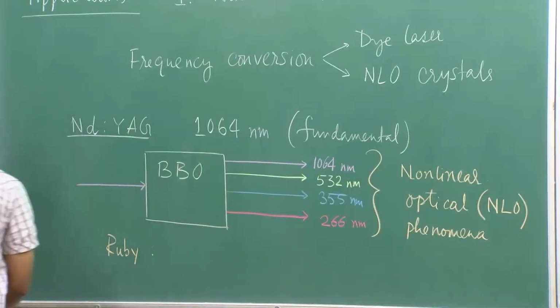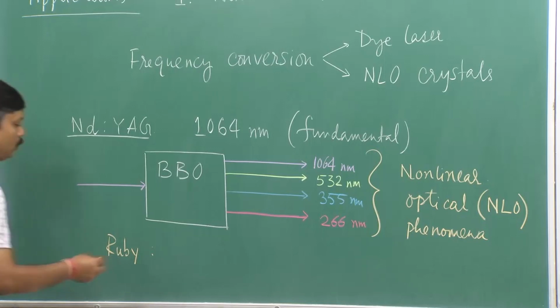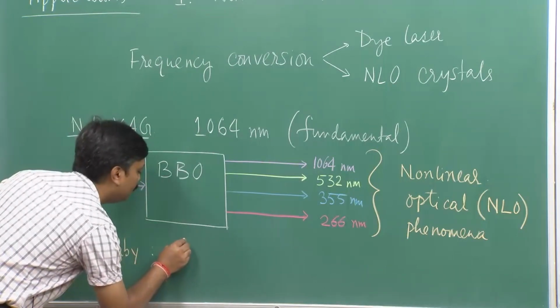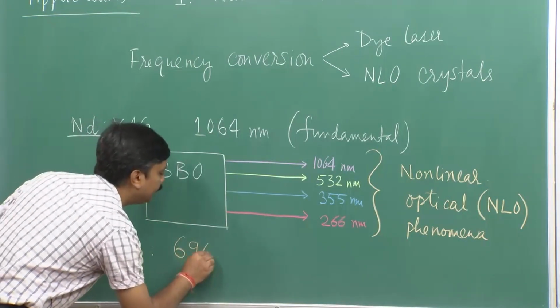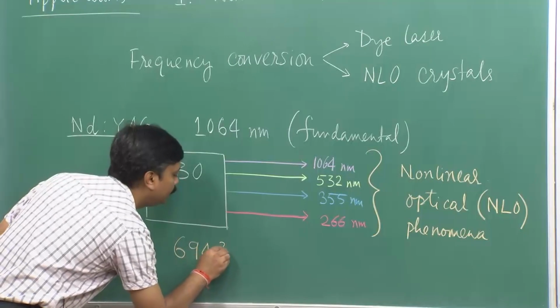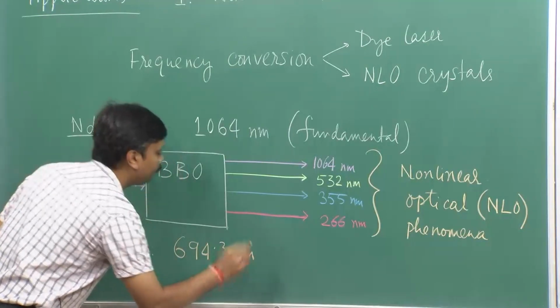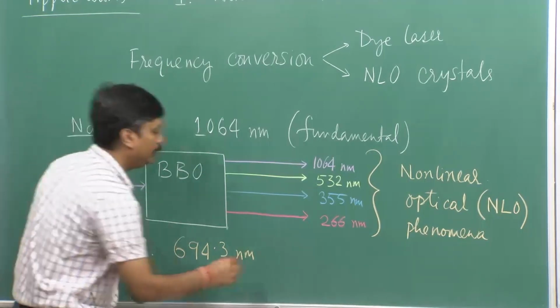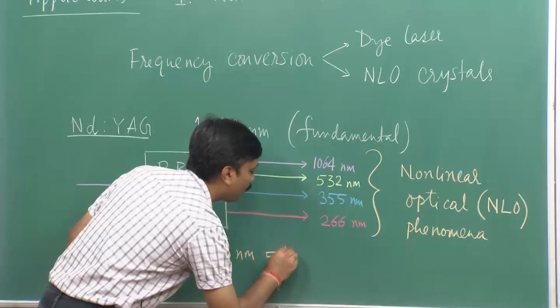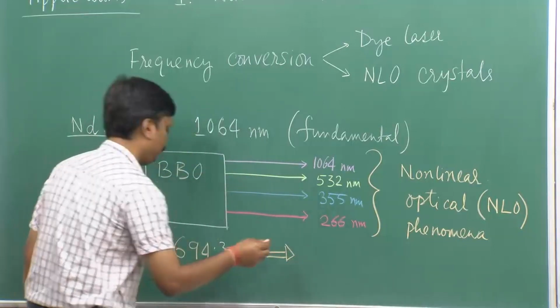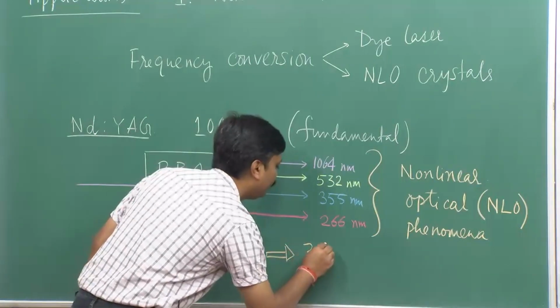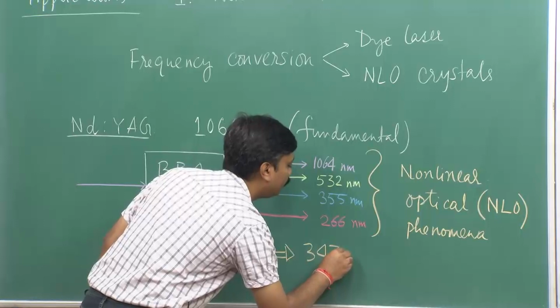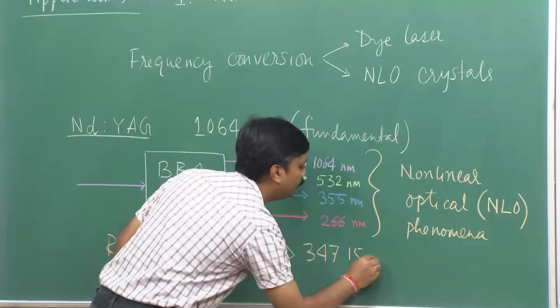The ruby laser has a fundamental wavelength of 694.3 nanometer, and it was converted using a nonlinear optical crystal to 347.15 nanometer.